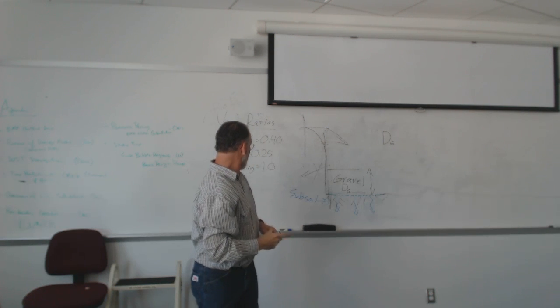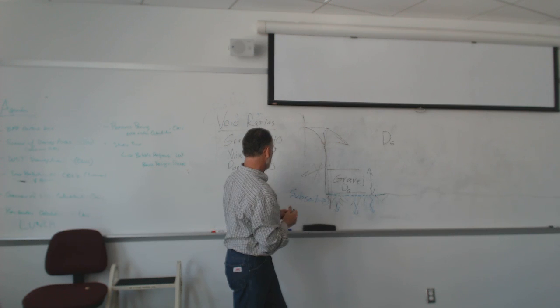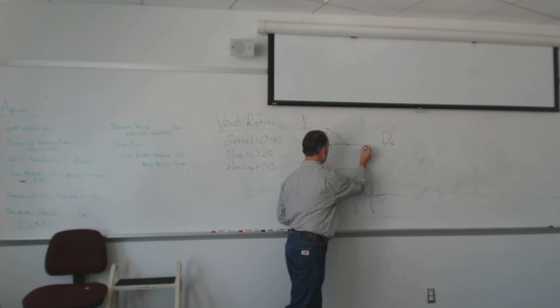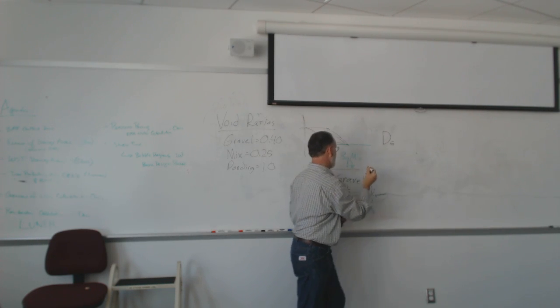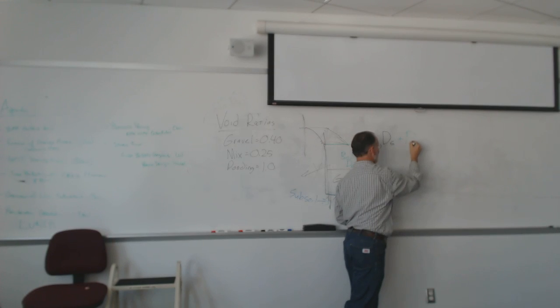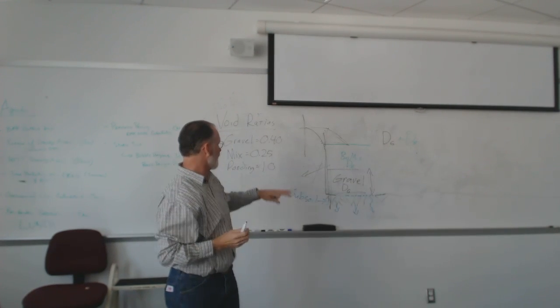Then we're going to have our bioretention mix, which of course has to be green on the whiteboard. There's nothing magic about these initials. I'm just putting them down here to have something to reference.